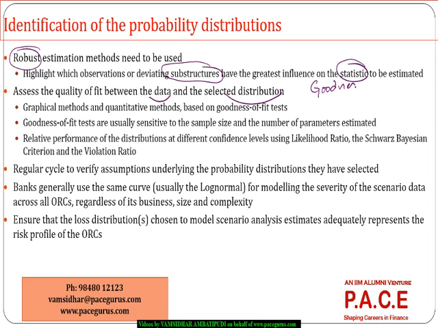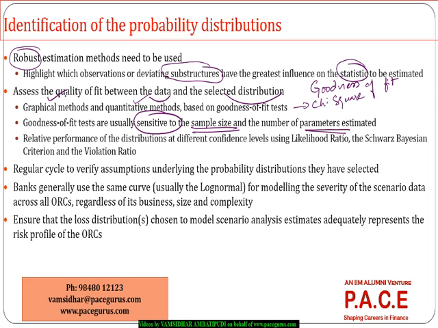So different kinds of goodness of fit tests can be performed to really see which distribution is appropriately fitting the historical data. There could be usage of graphical methods and quantitative methods like chi-square tests, which focus on the goodness of fit. But the only drawback with goodness of fit tests is they are very much sensitive to the sample size and to the parameters that we are estimating.